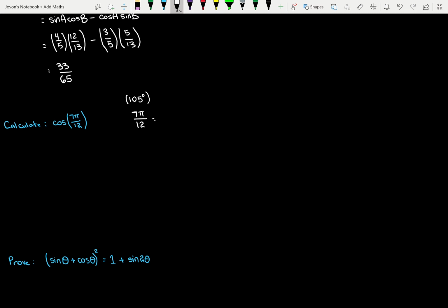Now notice that 105 degrees is also equal to 60 degrees plus 45 degrees, which are common angles, because we know how to find the sine, cosine, and tangent of these angles very easily.